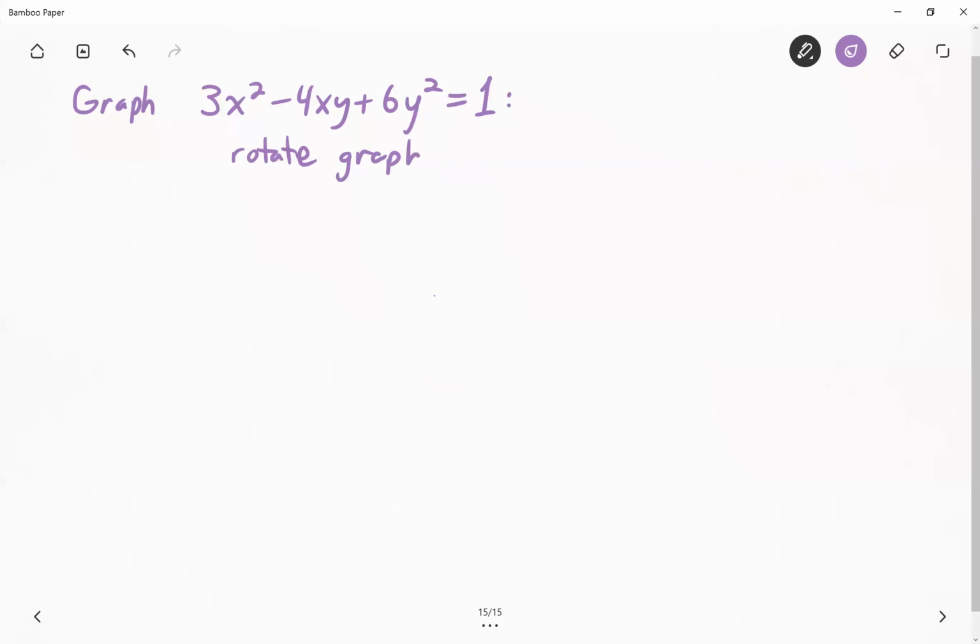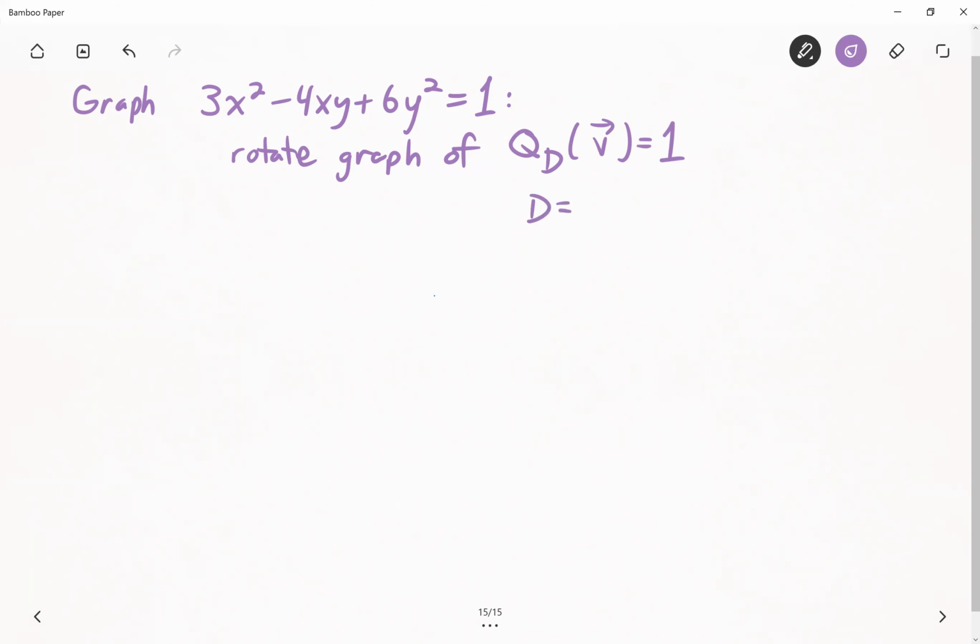So if we want to graph this, remember we're graphing 3x squared minus 4xy plus 6y squared is equal to 1. We want to rotate the graph of Q D Q transpose of v equal to 1.